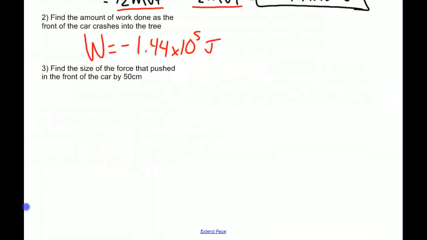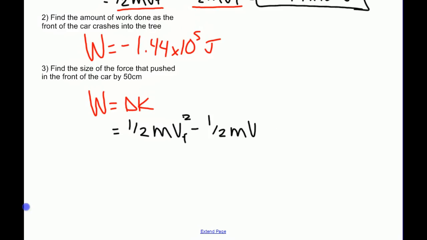So if we take a look, we know that the work done was equal to the change in kinetic energy. Mathematically, that's equal to 1/2 m times V final squared minus 1/2 m times V initial squared, and that's equal to work.